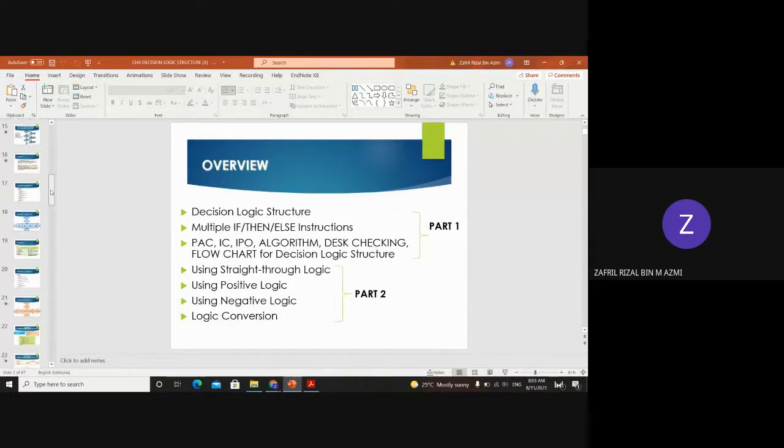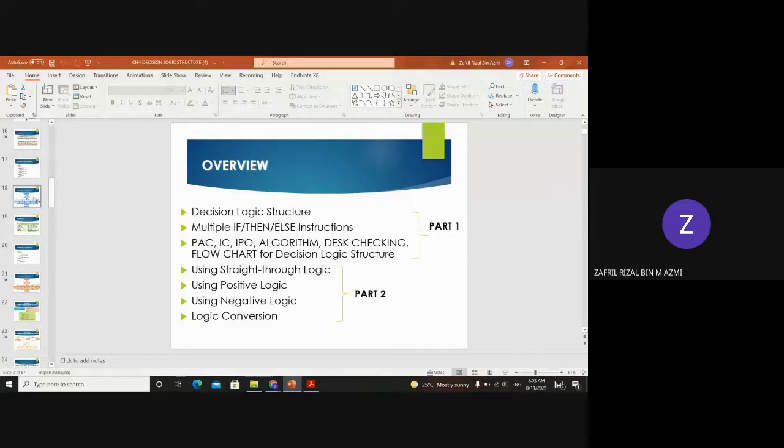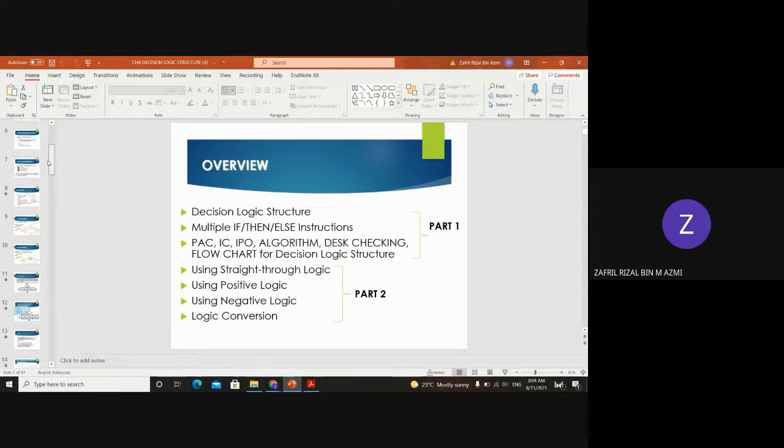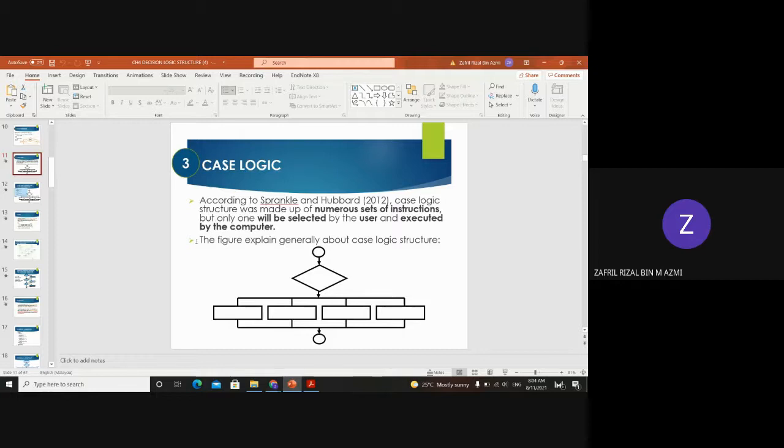What we already covered is the case logic structure.